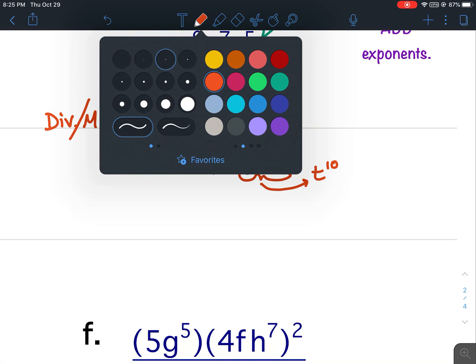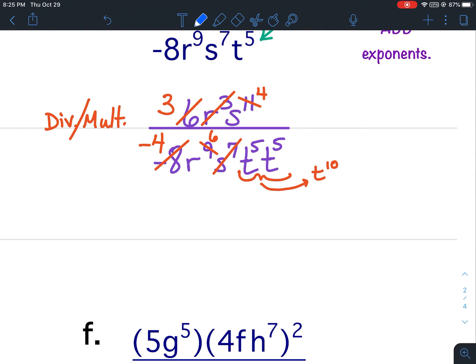So my final answer will be, on top I have 3s to the 4th. On the bottom I have negative 4 r to the 6th and t to the 10th.